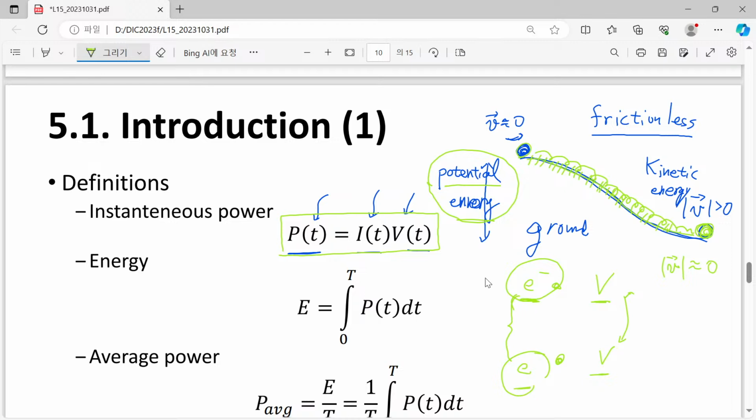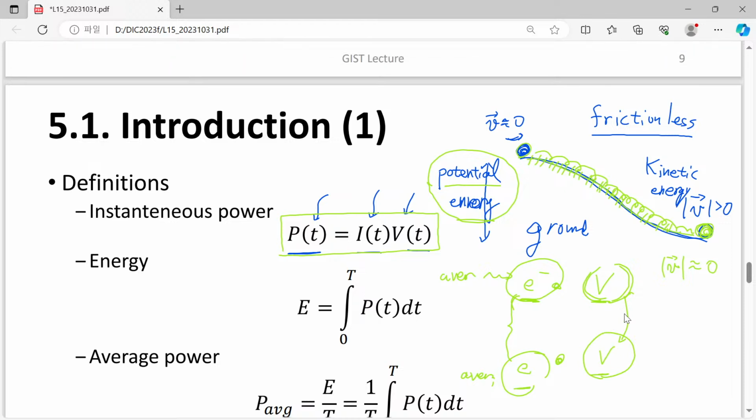More or less, in our electronic circuit they have an average velocity. So if our electron moves from high voltage to low voltage, it does not gain or lose average velocity. So there is no increase in the kinetic energy.